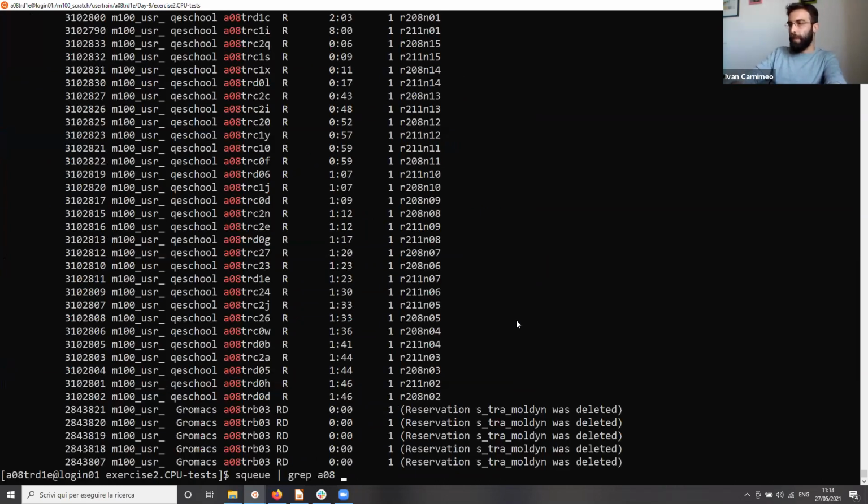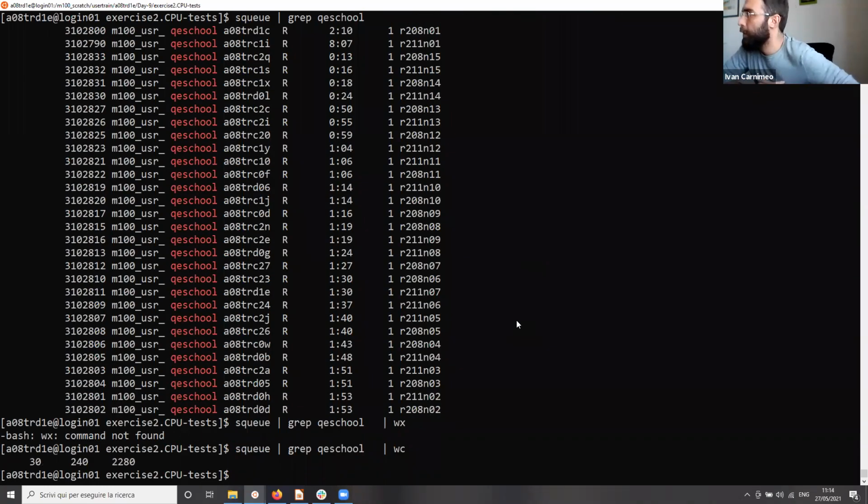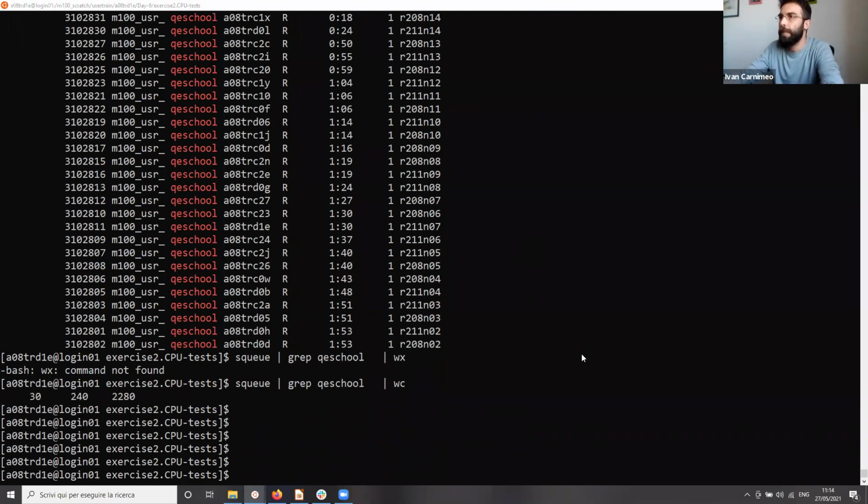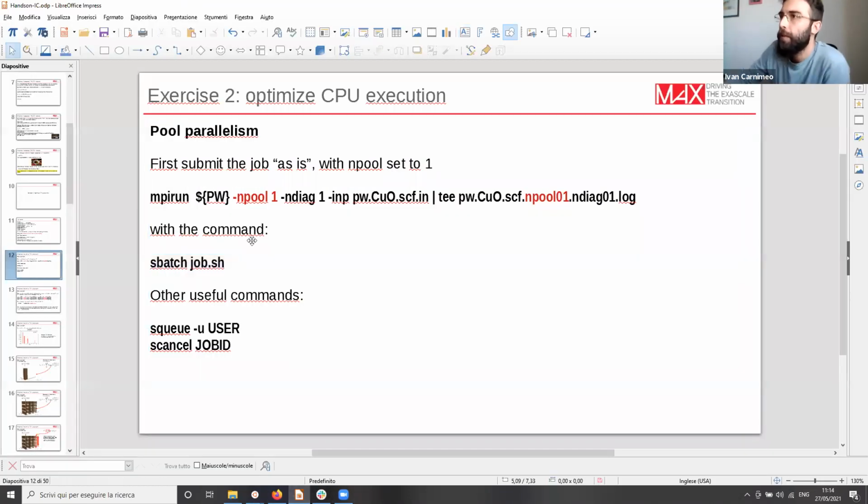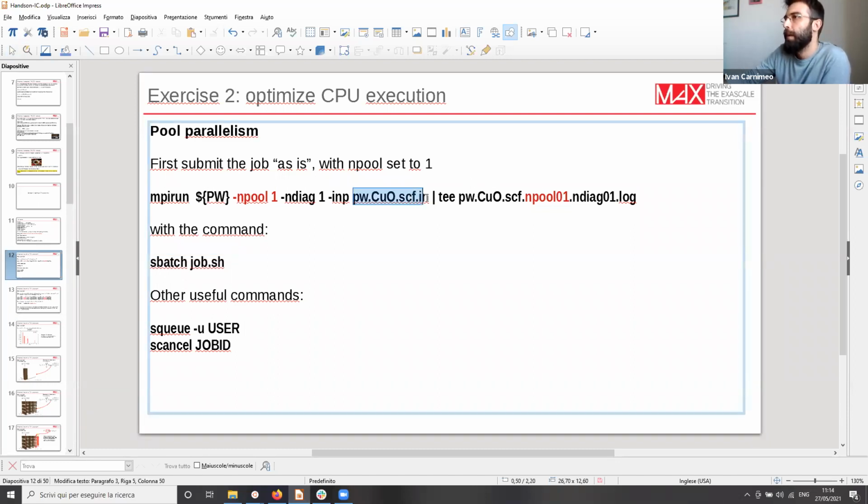Okay, so I see that 30 people submitted this job, which is good, which means that pretty much all of you are working. So in the meanwhile, while the job is running, let me explain. This job will take a bunch of minutes. Here we have sent one job, with this input file, using one pool and one NDIAG.